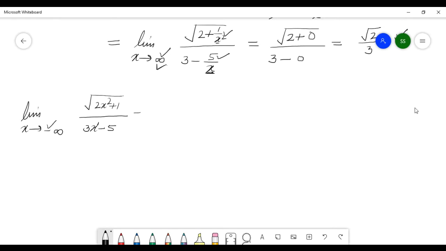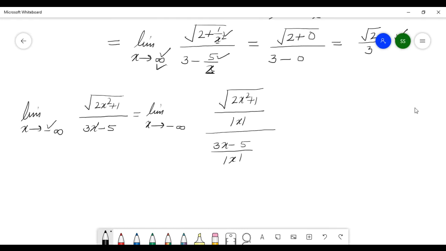Divide this way first. X goes to negative infinity, and divide the square root of 2x square plus 1 by mod of x, and 3x minus 5 divided by mod of x. Use this rule.